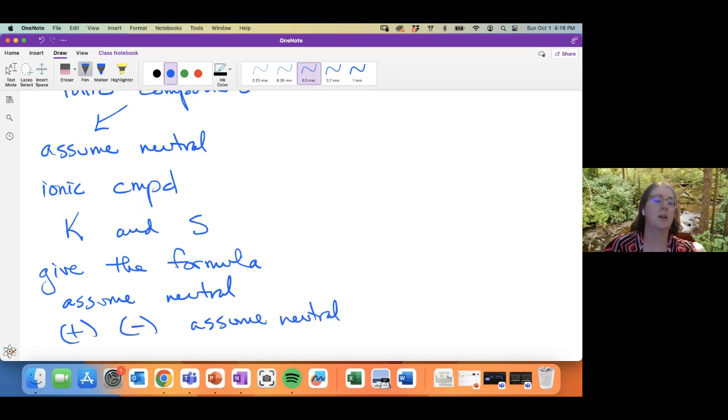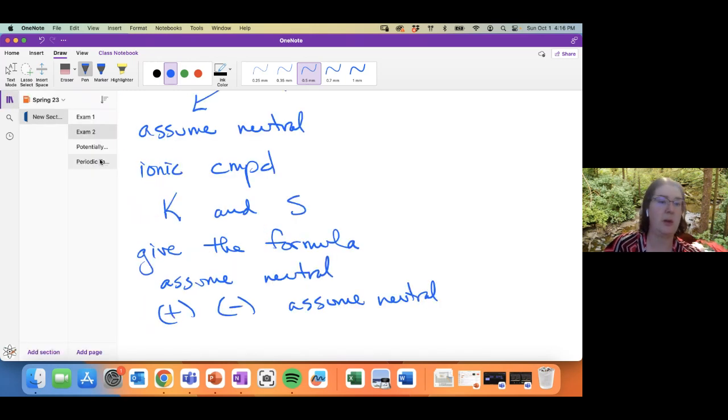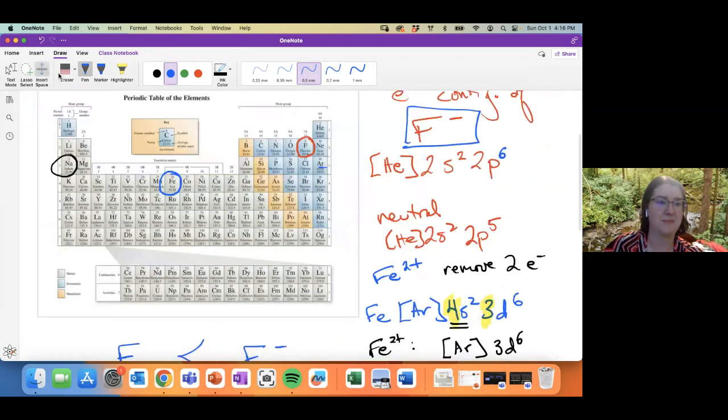If we're trying to give the formula for potassium and sulfur, the first thing I'm going to do is head to my periodic table. You're going to see me go to this a lot, which is normal. I said potassium and I said sulfur. Potassium is hanging out in the alkali metals, so potassium is going to have a +1. Sulfur is in group 6A, so this is going to be a -2.